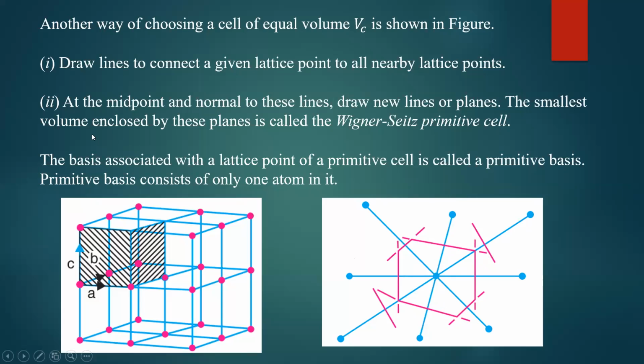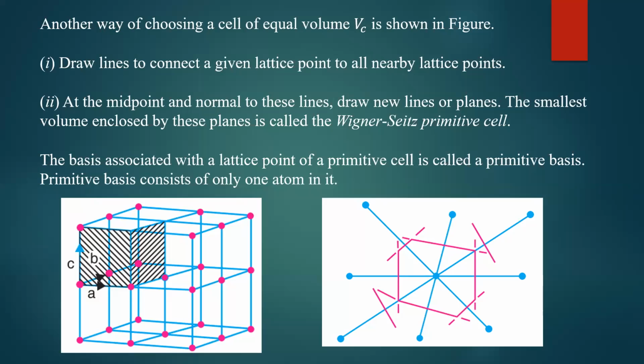The smallest volume enclosed by these planes is called the Wigner-Seitz primitive cell. This is one more method to find the primitive cell. Basically the primitive cell is the unit cell of smallest volume, and effectively it contains only one lattice point.